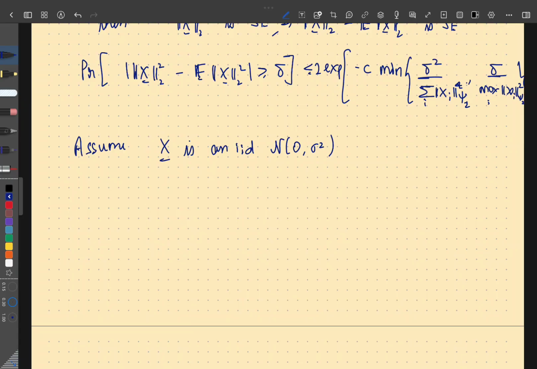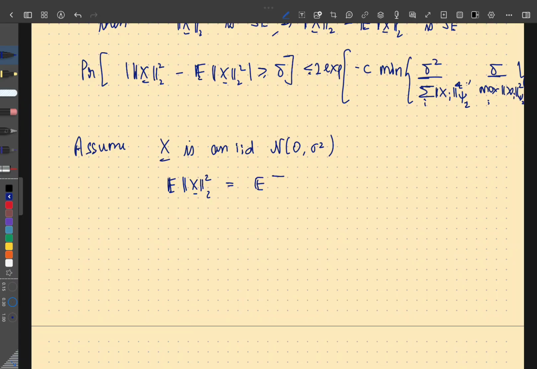In this case, what is the expected value of the L2 norm square? It's n times the variance, right?